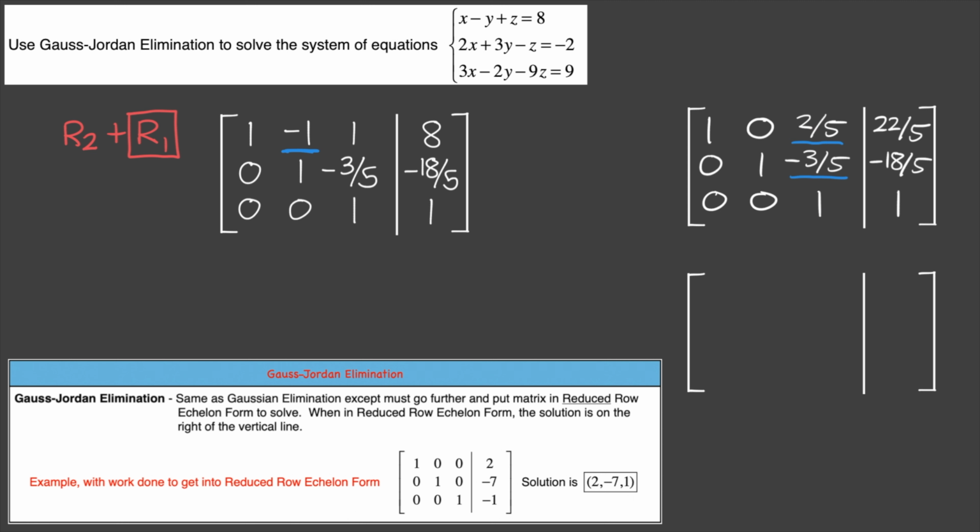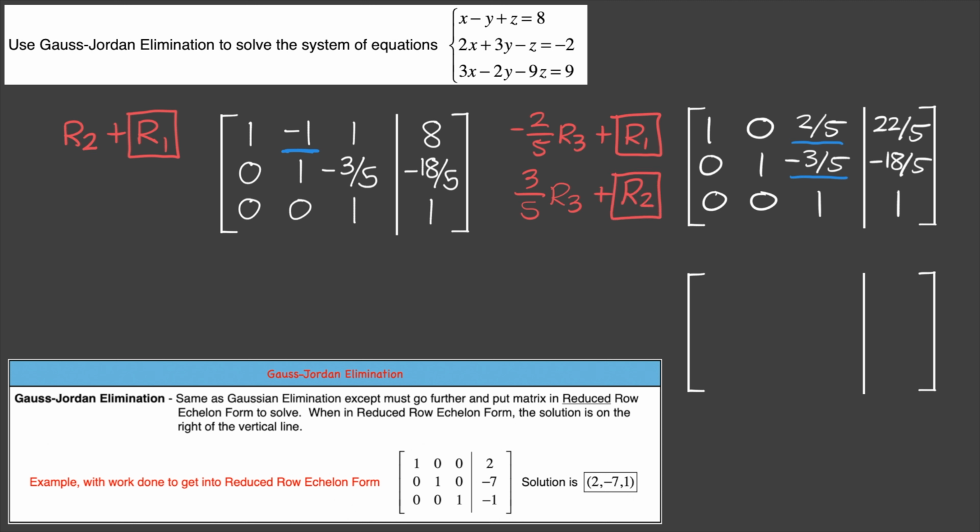We need to multiply by negative 2/5. So negative 2/5 times R3 plus R1, and we're going to rewrite R1. What should we multiply the third row by so that this will cancel out with the negative 3/5? Hopefully you said 3/5. So 3/5 times R3 plus R2.